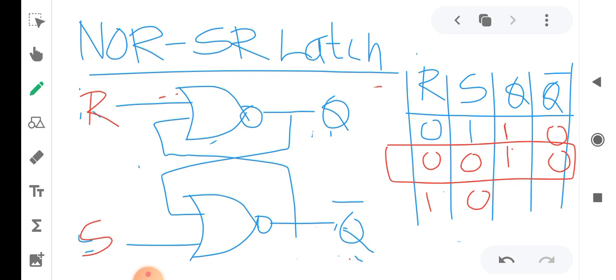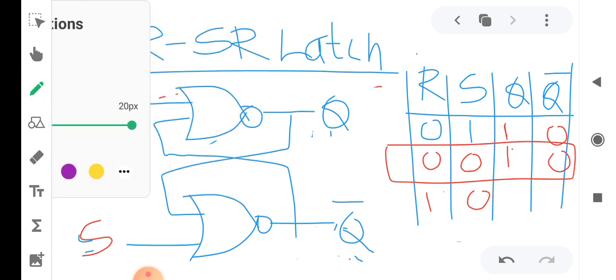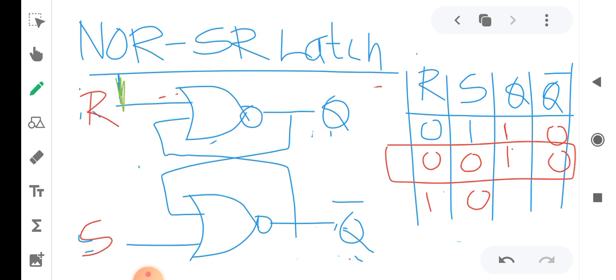So what happens here? When I have put R equal to 1 here, and S equal to 0, what happens if the input is higher? What will be the output? Output will be lower.